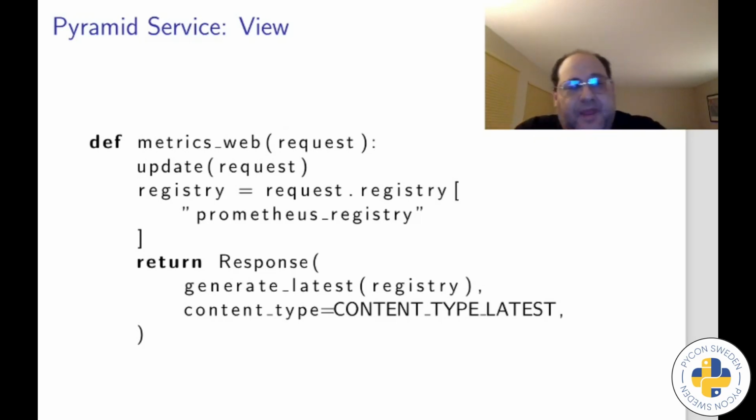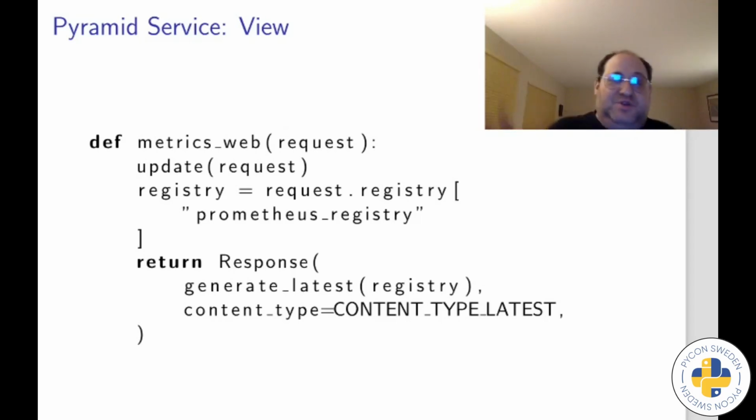And we put most of the logic related to actually Prometheus in the update function that we'll get to later. For now, let's just focus on, okay, let's say that we already have all the right numbers. How do we give them to Prometheus? The Prometheus client library has a function called generate_latest that takes a collector registry and returns to you a blob of bytes.